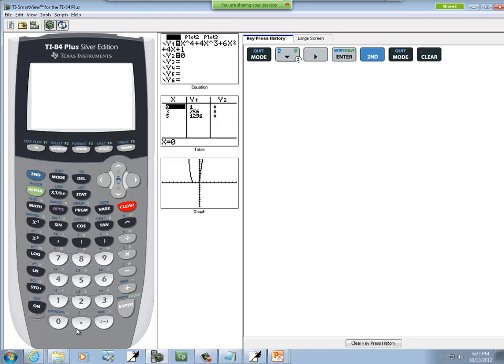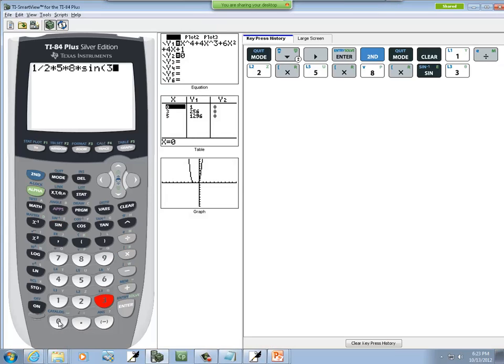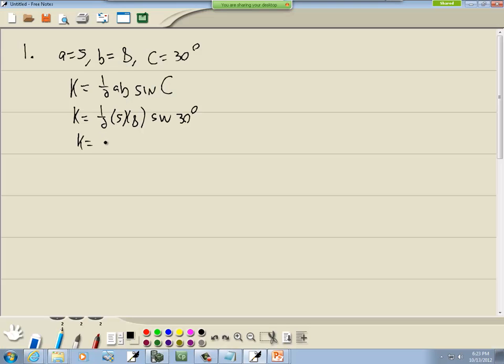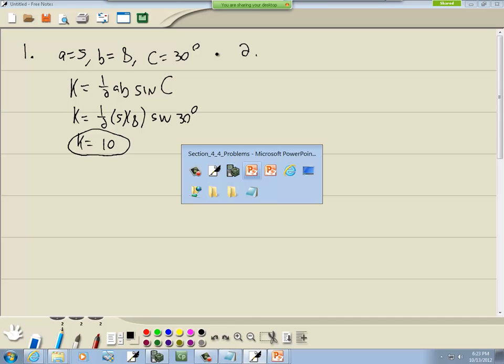Okay, so we've got 1/2 times 5 times 8 times sine 30 degrees. And then push enter. And that gives us 10. Now, we don't have any units of measure on here, so we don't need to worry about that for this problem.